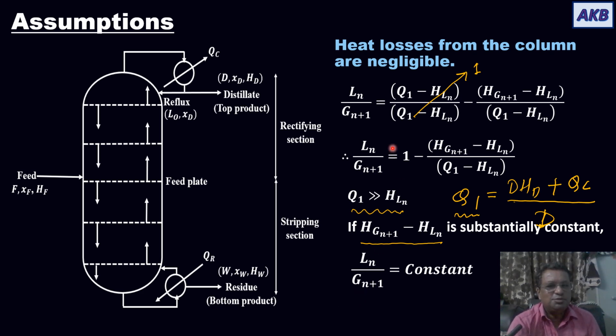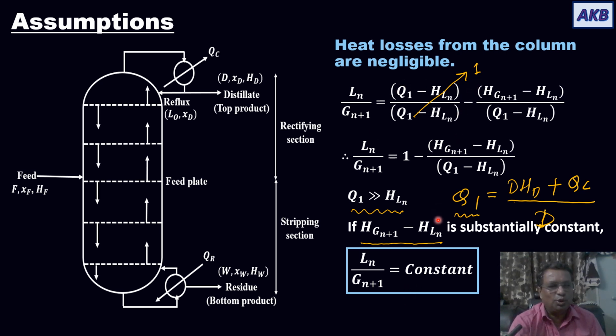So the first assumption used in the McCabe Thiele method, that heat losses from the column are negligible, leads us to this conclusion: the ratio of liquid molar flow rate to vapor molar flow rate is constant. That is the result of this assumption.